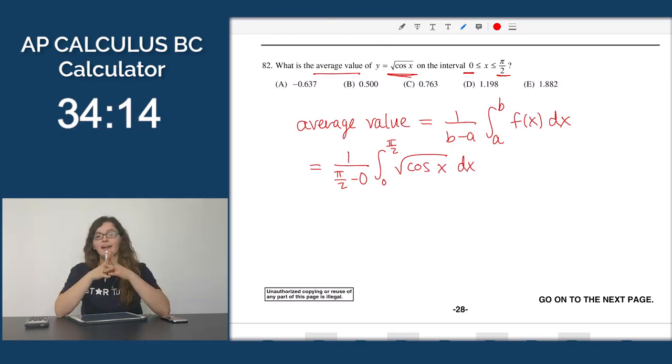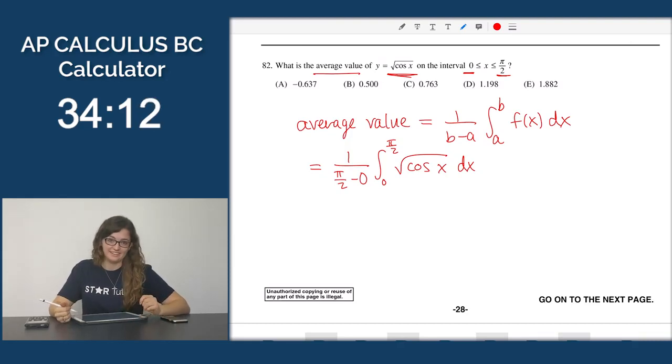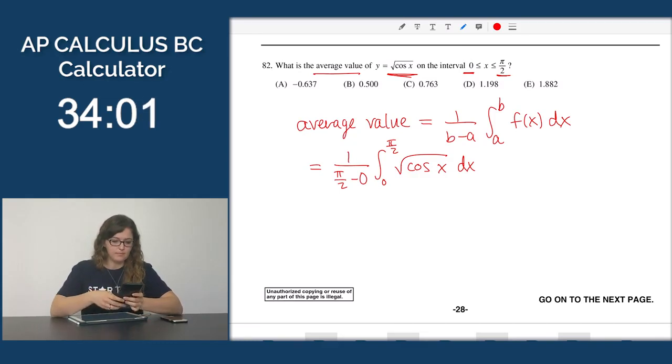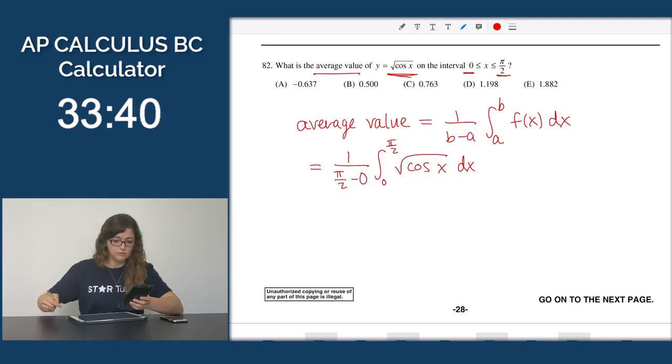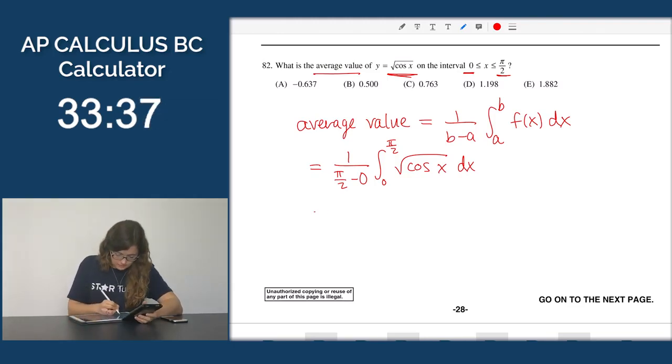dx. Oh, and I just looked at this and I was like, I don't know how to integrate the square root of cosine of x. But luckily, my calculator does. So I'm going to use my calculator, plug this in. I've got the integral from 0 to pi over 2 of the square root of cosine of x dx. My calculator tells me that that integral is approximately 1.198.